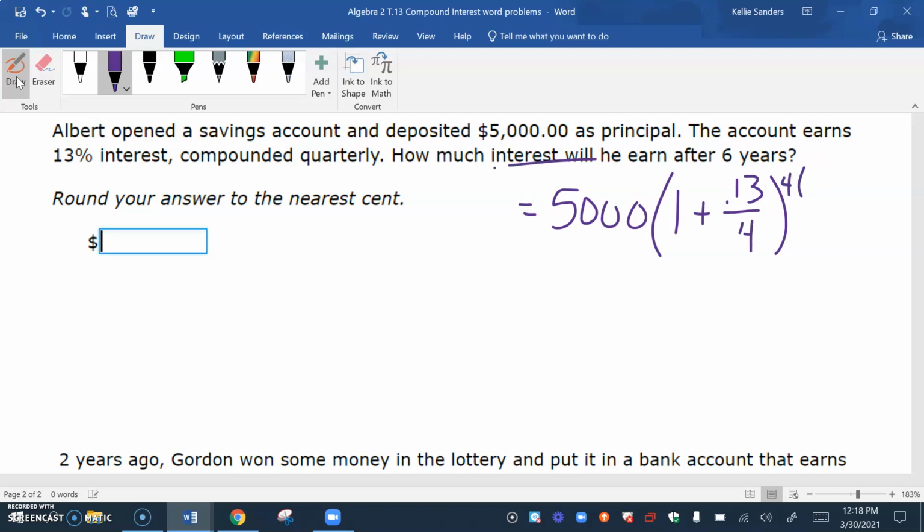How much interest will you earn after 6 years? All right, so 6 years, and we're going to find A. 5,000, parentheses, 1 plus the fraction 0.13 over 4, close the parentheses, to the 24.